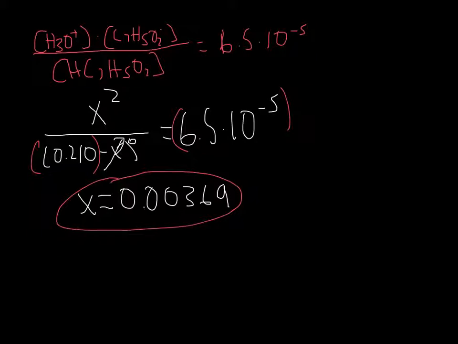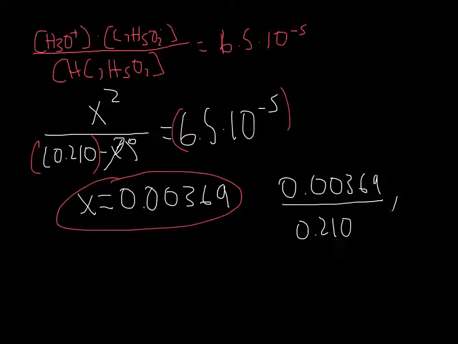So all you do is you take this value, 0.00369, divided by the initial value given of 0.210, multiplied by 100.